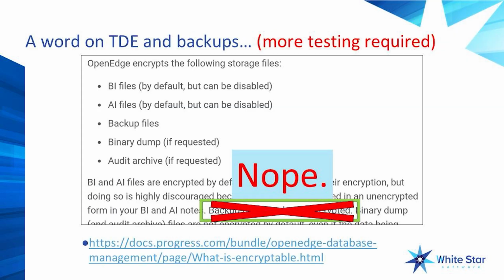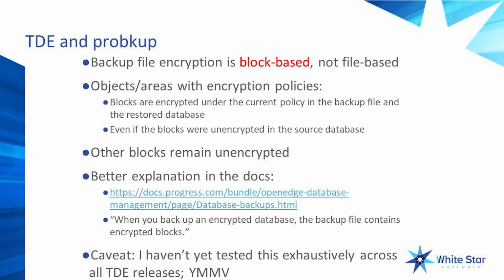Just a quick word on Pro Backup. This is a screenshot of the documentation. Backup files are always encrypted. Not really. If you have data in objects that are not covered by an encryption policy, they're in plain text in the database, and they're going to be plain text in your Pro Backup file.